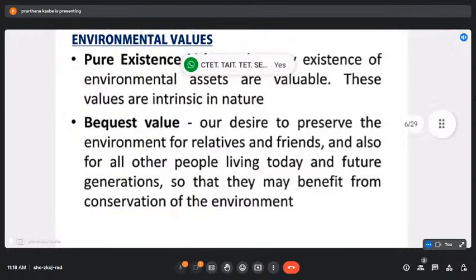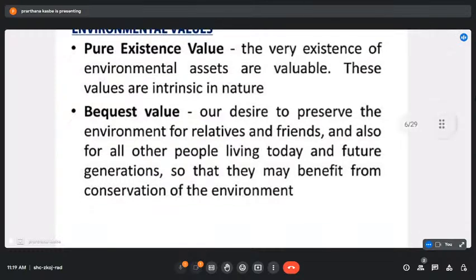म्हणजे या ज्या व्हॅल्यू आहेत ते निसर्गाशी आंतरिक मूल्य असतात. Then bequest value. Bequest value is our desire to preserve the environment for relatives and friends and also for other people living today and future generations, so that they may benefit from the conservation of the environment.